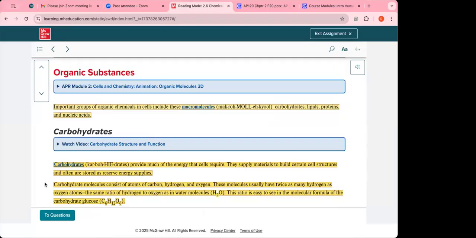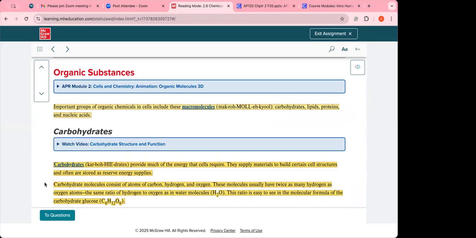They supply materials to build certain cell structures and are often stored as reserve energy supplies. Carbohydrate molecules consist of atoms of carbon, hydrogen, and oxygen. These molecules usually have twice as many hydrogen as oxygen atoms, the same ratio of hydrogen to oxygen as in water molecules. This ratio is easy to see in the molecular formula of glucose, which was a question before.